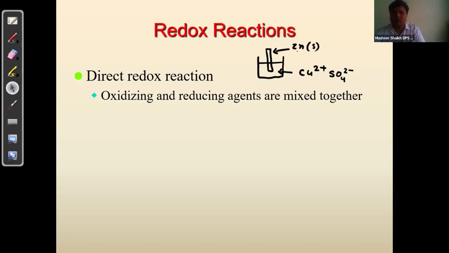The zinc being more reactive will displace the copper.